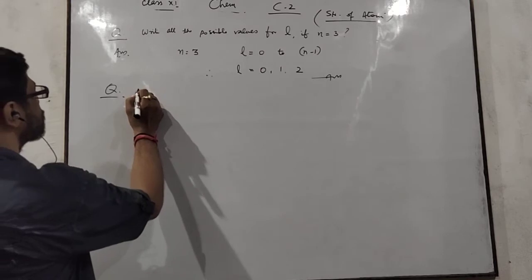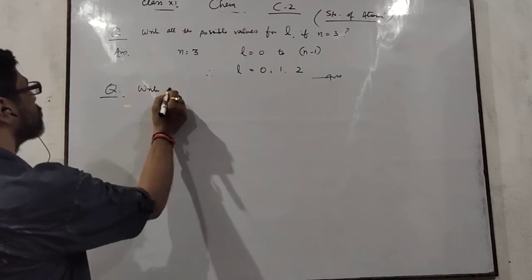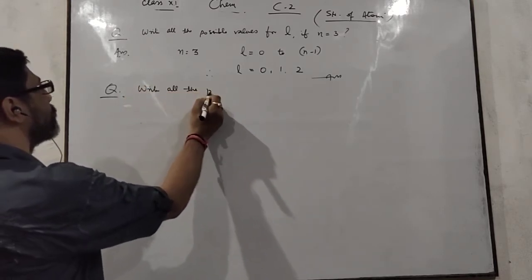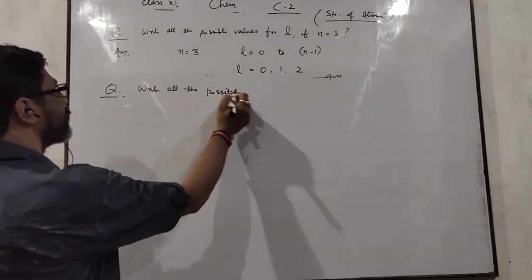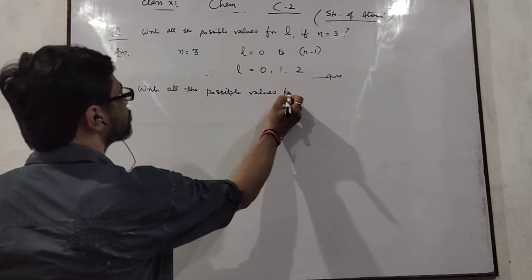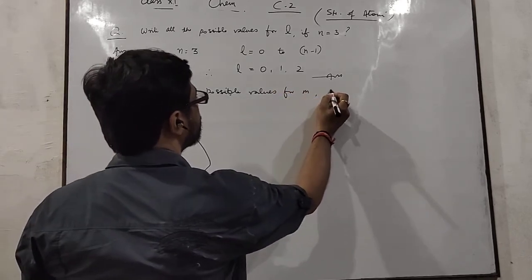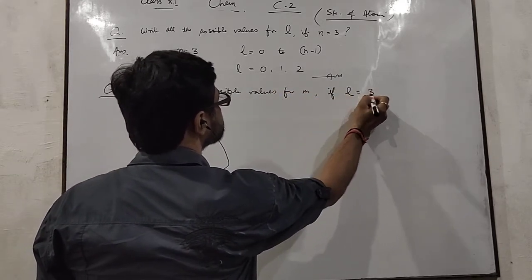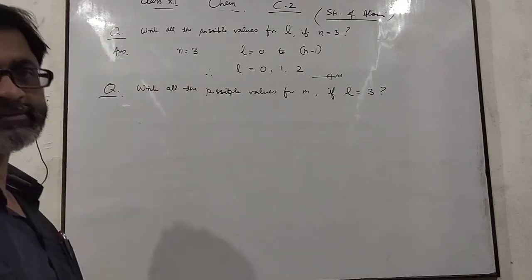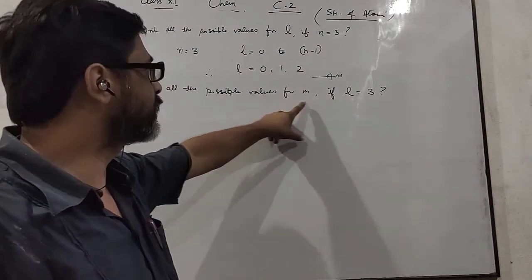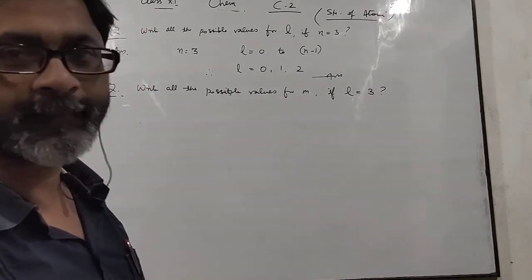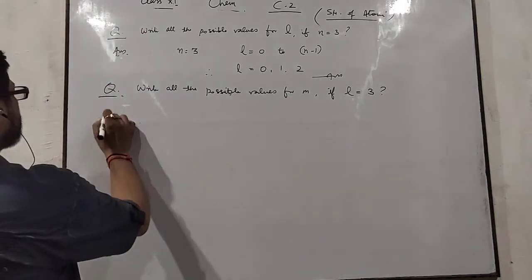Take some other question. Write all the possible values for m if l equals 3. Means, if the azimuthal quantum number is 3, then what will be the possible values for the magnetic quantum number?